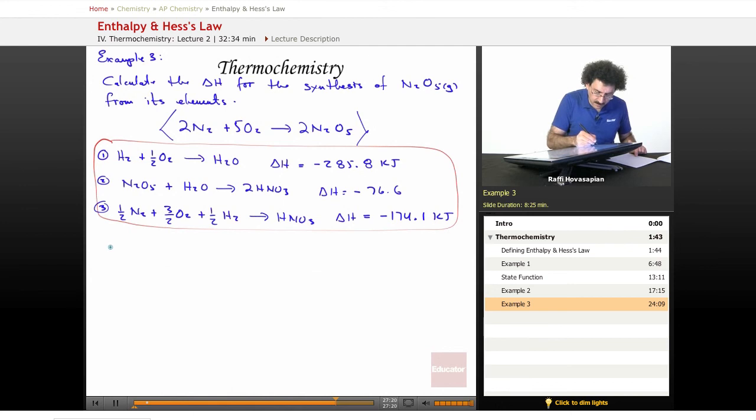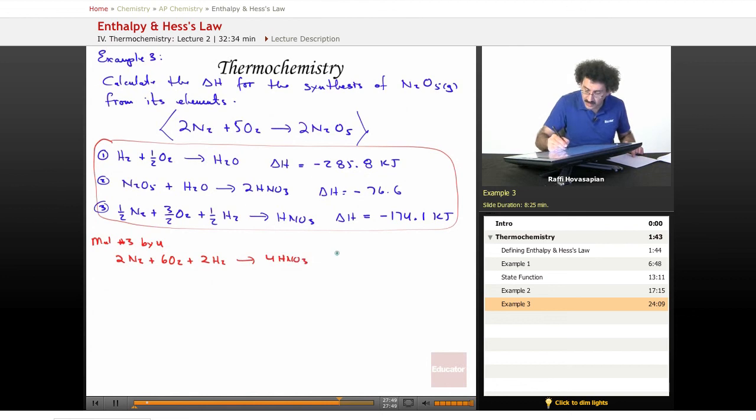So multiply number 3 by 4, and what I end up with is, when I multiply the third equation by 4, I get 2N2 plus 6O2 plus 2H2 goes to 4HNO3, and the delta H also gets multiplied by 4, so minus 696.4 kilojoules.